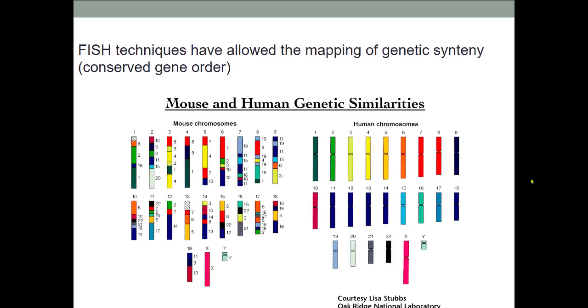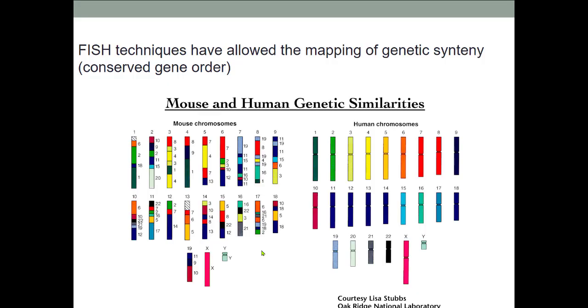These high-resolution techniques, like FISH, have allowed mapping of what's called genetic synteny. Synteny is conserved gene order. And what we see here, this is from a study done at Oak Ridge. What we see here is the mouse sort of cartoon karyotype over here on the left.